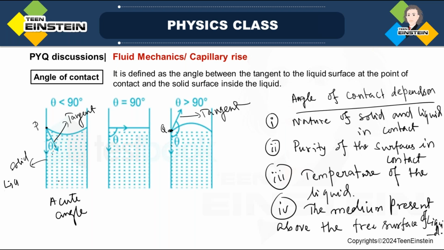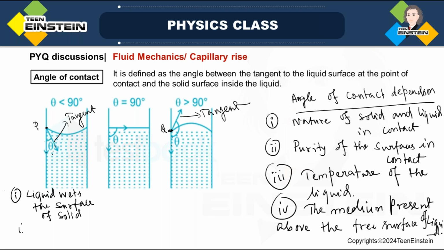Let me give the points over here. Acute angle, less than 90 degrees. The point is that the liquid rises towards the surface of the solid.